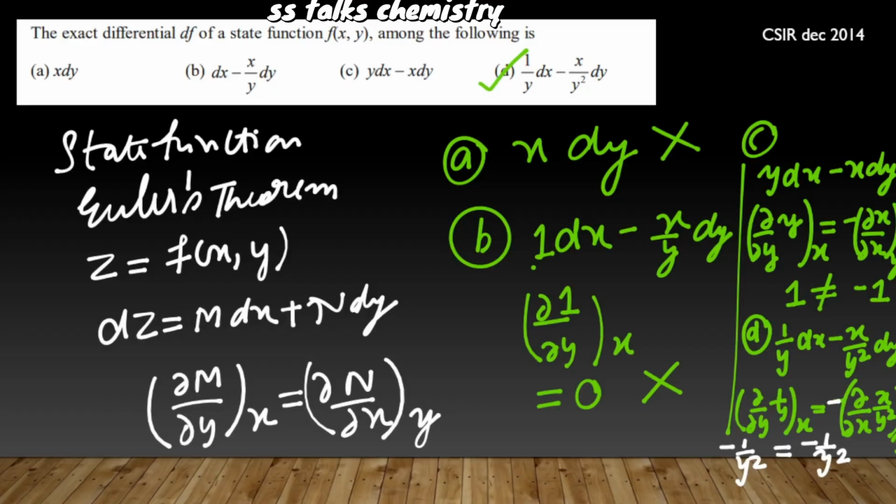So the left hand side equals the right hand side, which means the condition of Euler's theorem is satisfied.